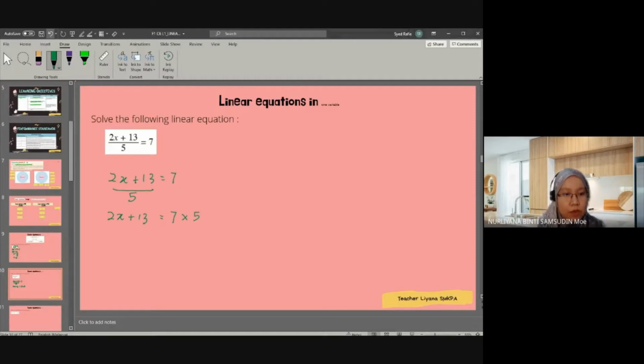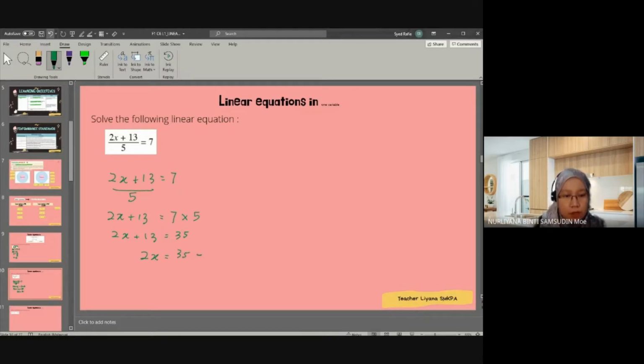Okay, so what do we get here? 2x plus 13 equals 35. Okay, we want x. So, remember like just now, we want to move this positive plus 13 to the other side. So now, on the left is only 2x, 35.